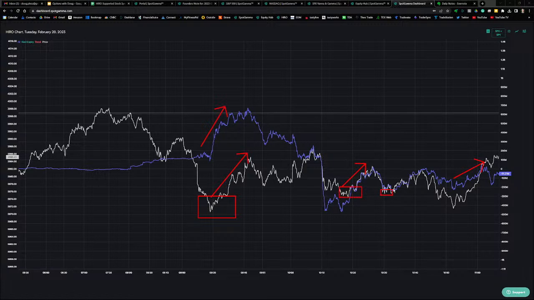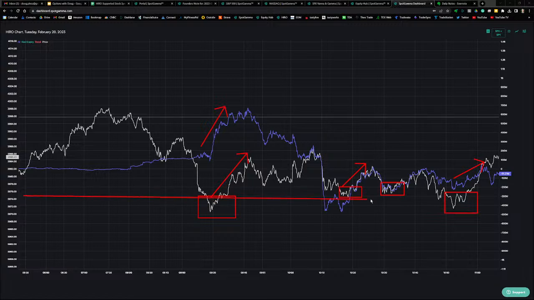I think that was the third, then the fourth. And let's see if I can find the 39.74 level. I think this is it right here. So again, that's close enough.